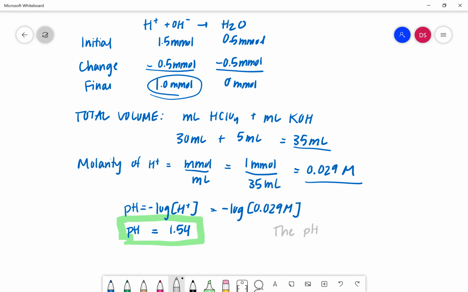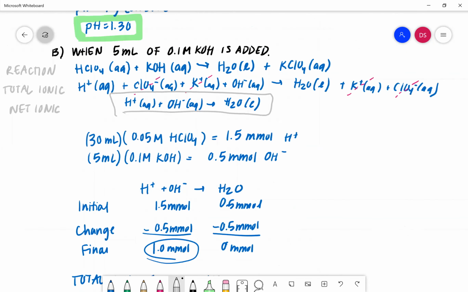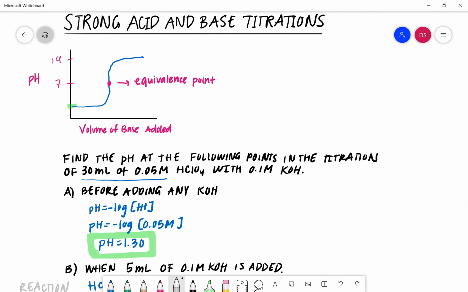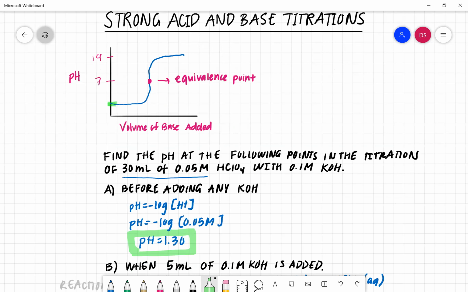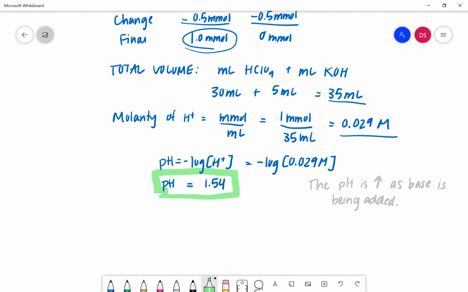For a more visual representation, looking at the graph, we started off right here with 1.3, and it increased a little bit once we added the base.